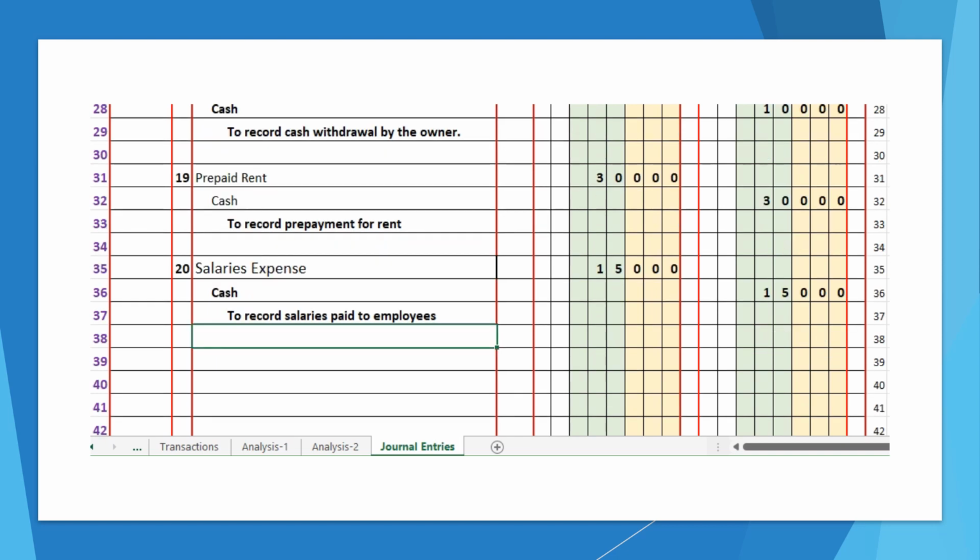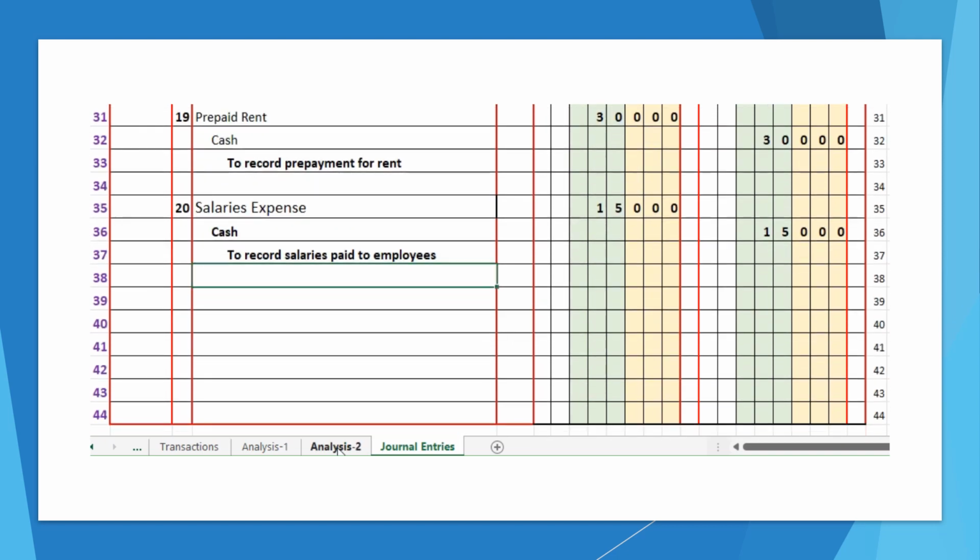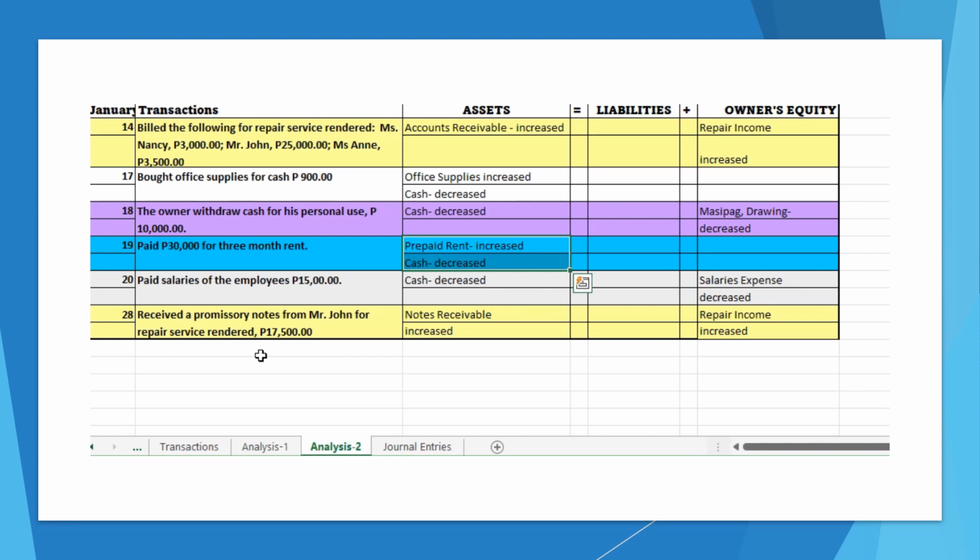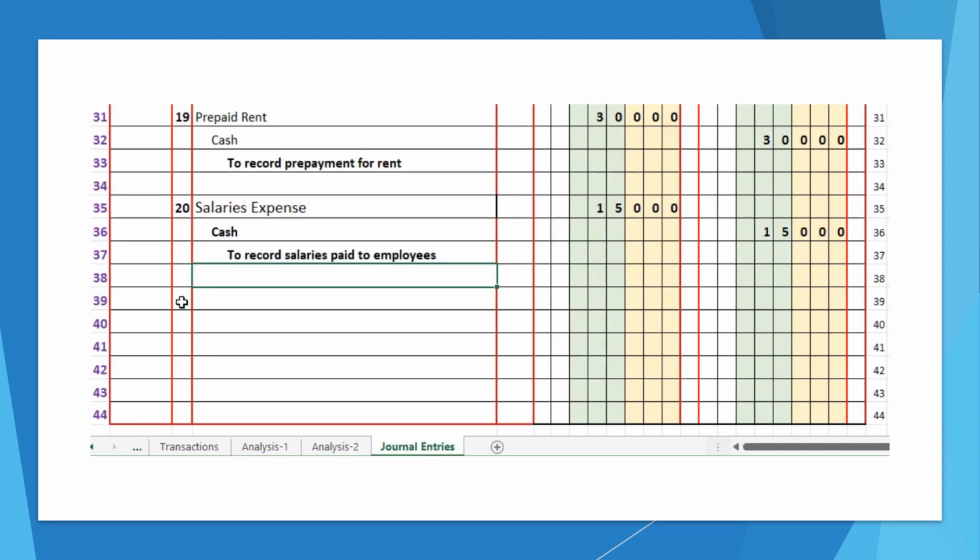Yes, last transaction. And that was 28. Okay, notes receivable because received promissory notes. Okay, so 28. So 28 is notes receivable. Okay, this one. Notes receivable.